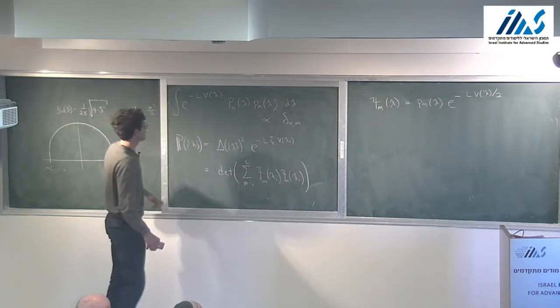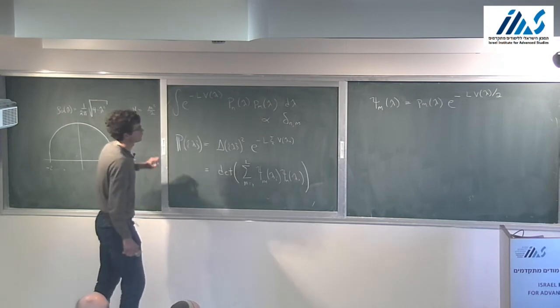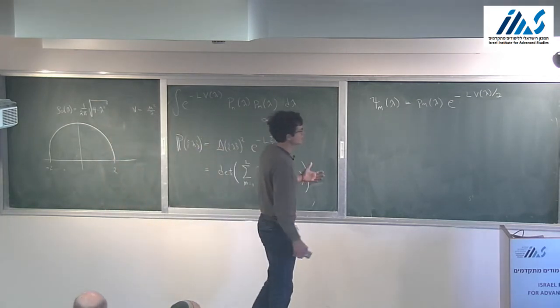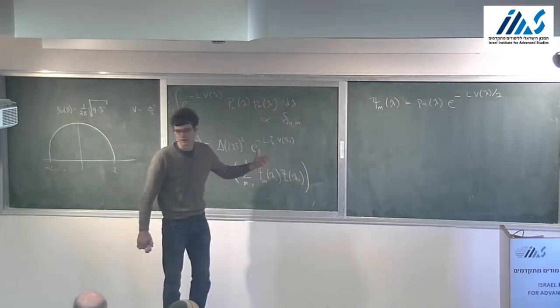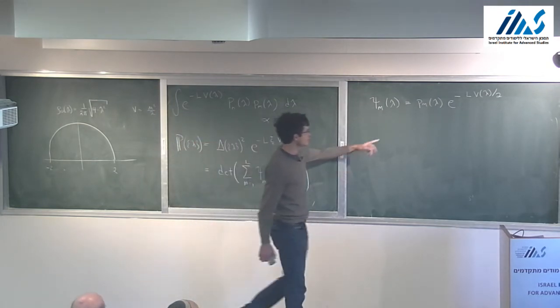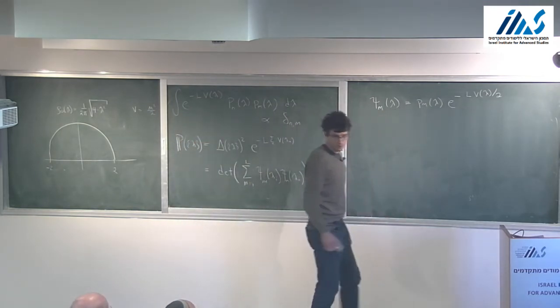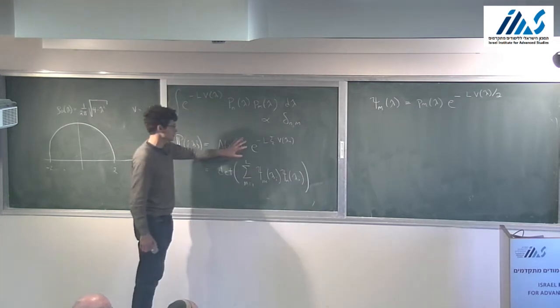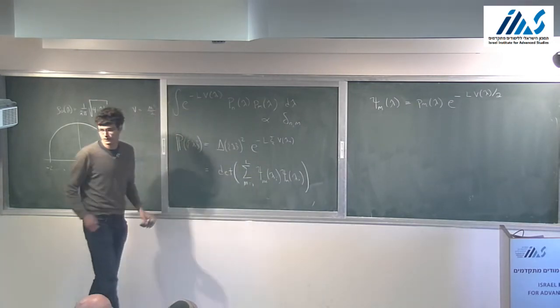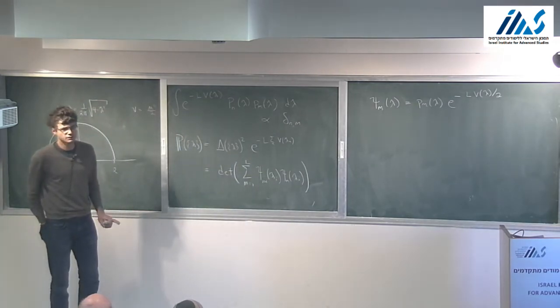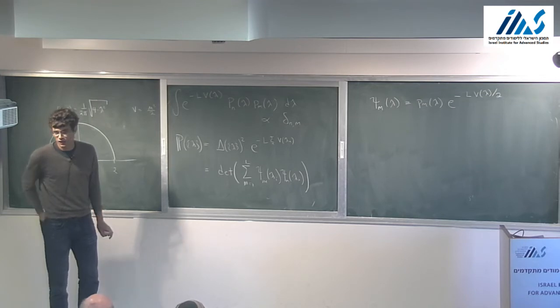Then if we want to include the factor e to the minus L V of lambda in a determinant instead of adding it on at the end, we multiply those functions p by this factor. And the whole thing reduces to this expression. Okay. So this was some sort of complicated procedure that we did.